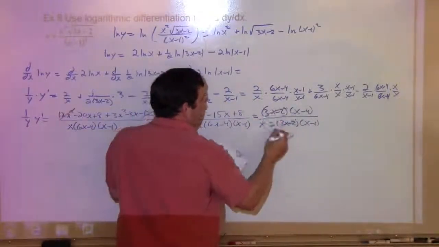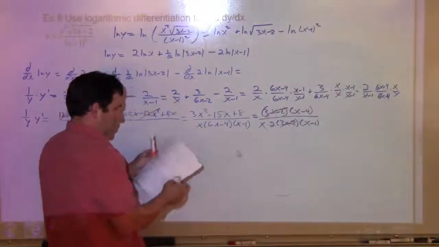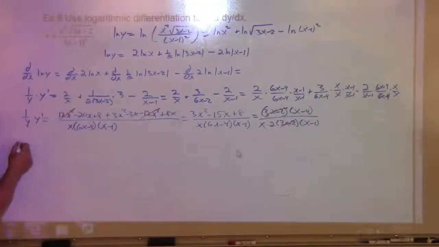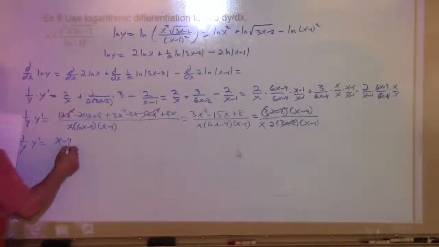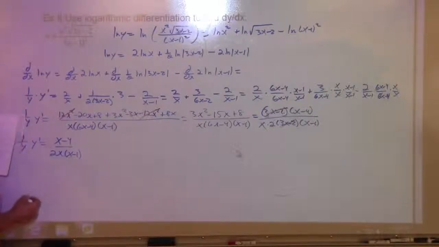So these divide out. So that 1 over y times y prime is x minus 4 over 2x times x minus 1.